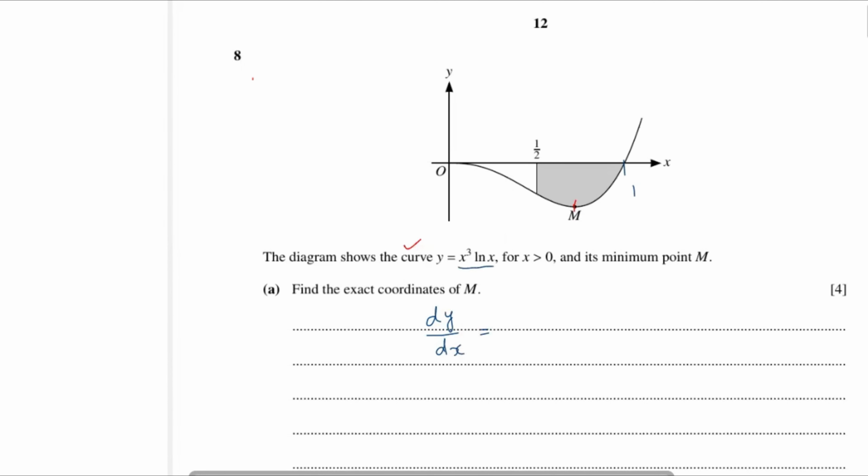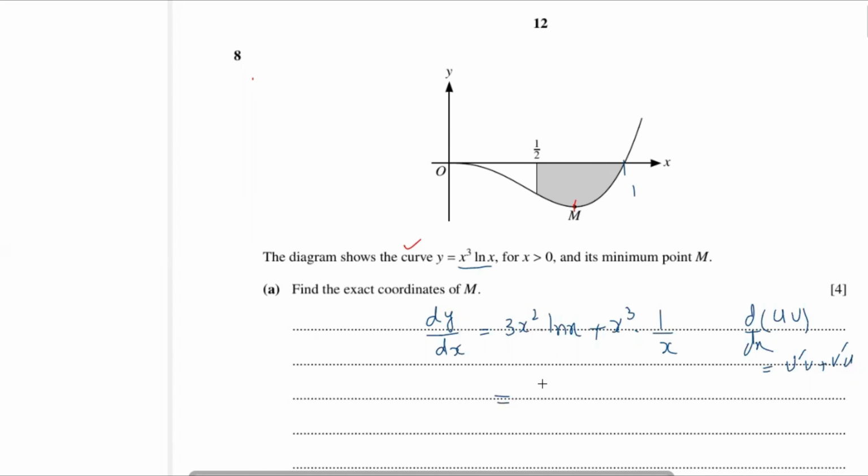Therefore, you see here, this is the function in product form. Therefore, we use the u times v formula for d over dx: u dash v plus v dash u. The derivative of the first function is 3x squared, into ln x written as it is, plus x cubed written as it is, into the derivative of ln x, which is 1 over x.